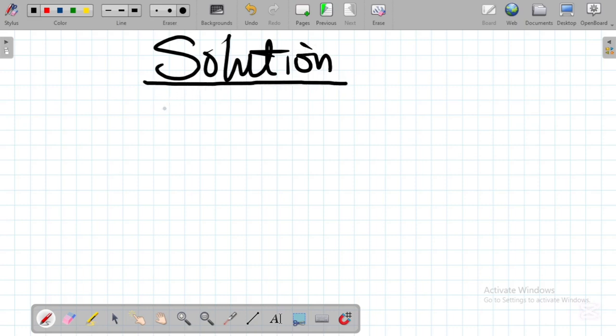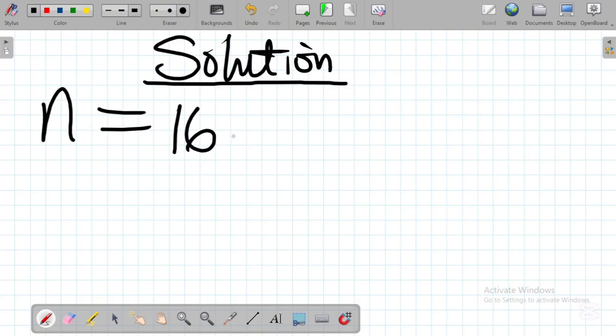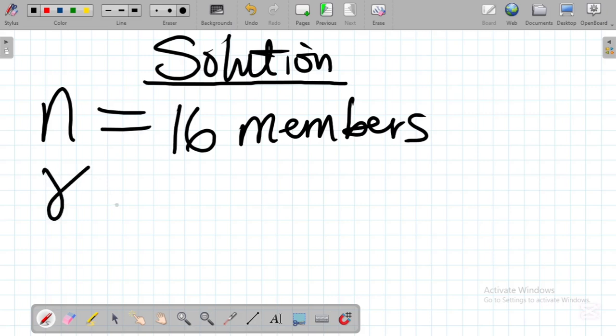Solution. Our first task is to write down the given parameters. From the question, we are given that n is equal to 16 members. And then r is equal to 2 positions, which is the presidency and the secretary.